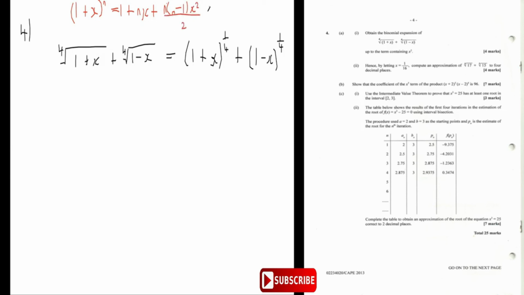This is known as the extension to binomial theory. We're going to use it to tackle this easy question.